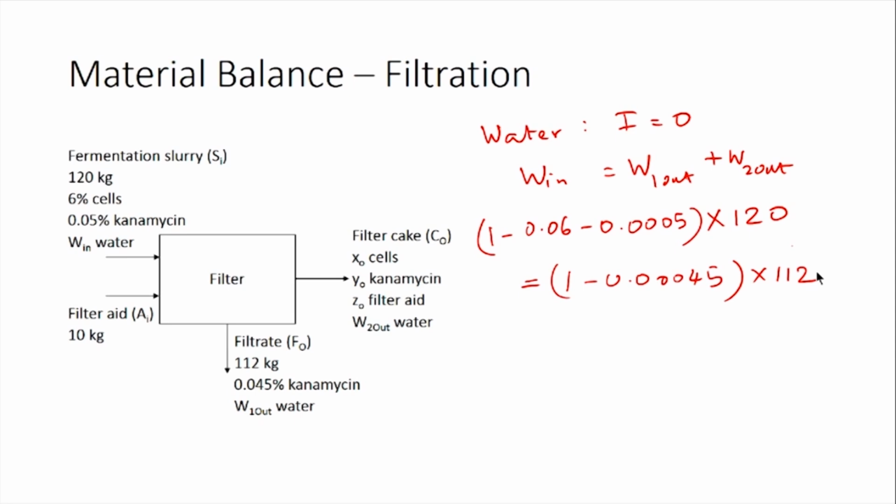We need to calculate the mass of water leaving the system through the filter cake, which is given as W2 out. From here we can calculate W2 out as 0.79 kilograms. So, 0.79 kilograms of water leaves the system along with the filter cake.